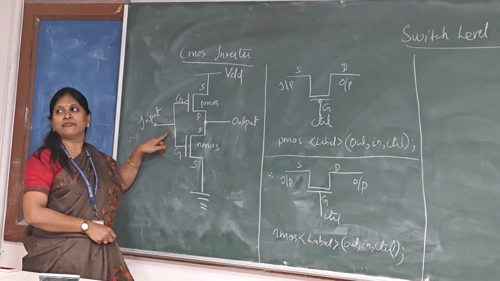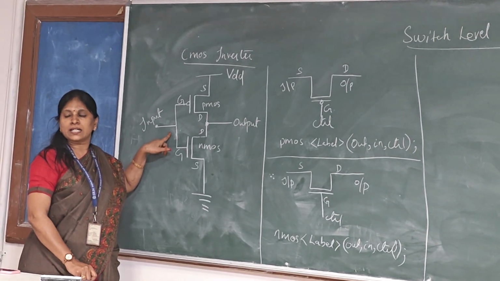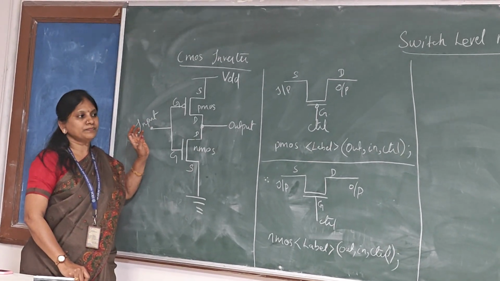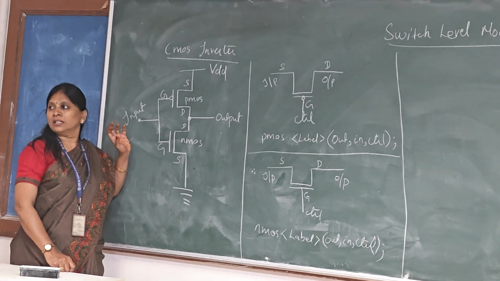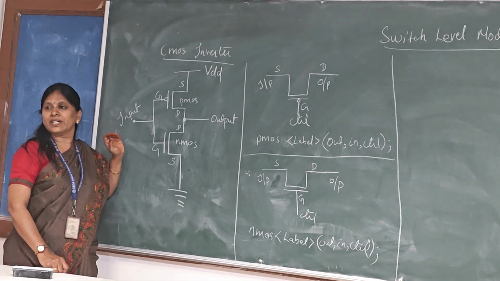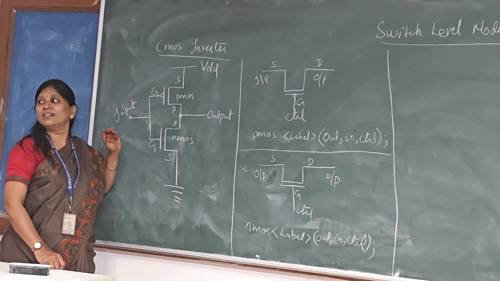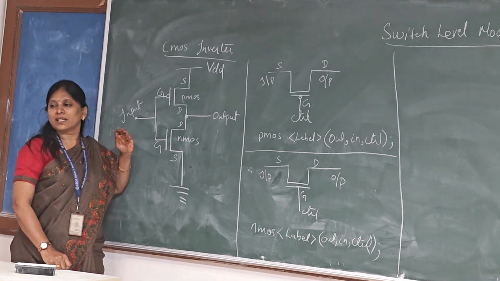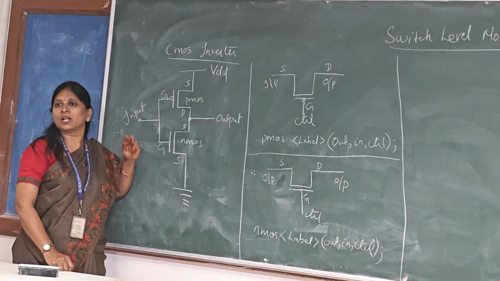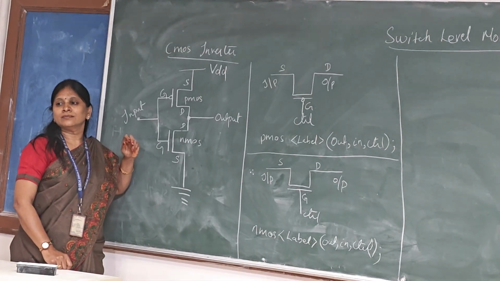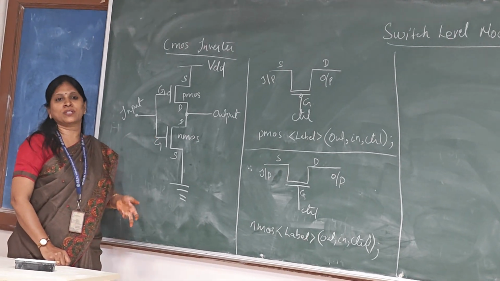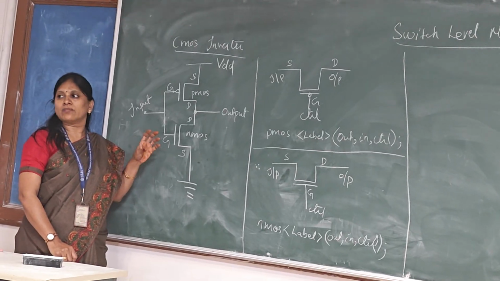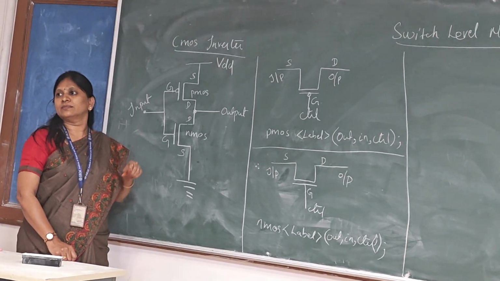Generally in a field effect transistor, the gate is called the control signal. The FET is generally compared with which device? By analogy, something similar to what we use in day-to-day life. Always the FET is compared with the water tap.